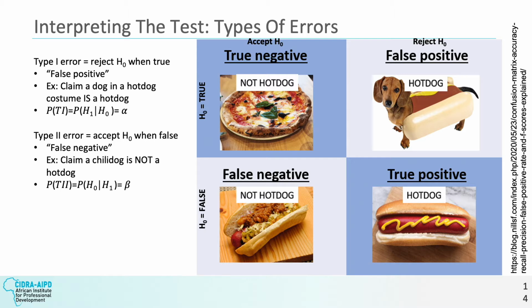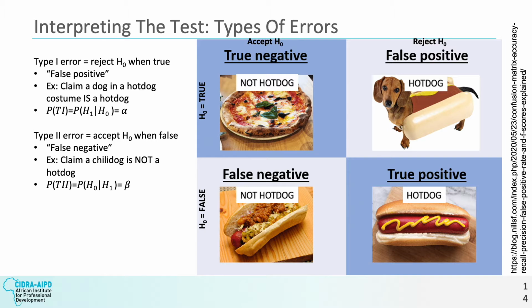Here, there are 2 types of correct conclusions: true negatives and true positives, and 2 types of incorrect conclusions: false negatives and false positives. We call the incorrect conclusions type 1 and type 2 errors. For example, let's have as our null hypothesis the claim that none of these images are of hot dogs.